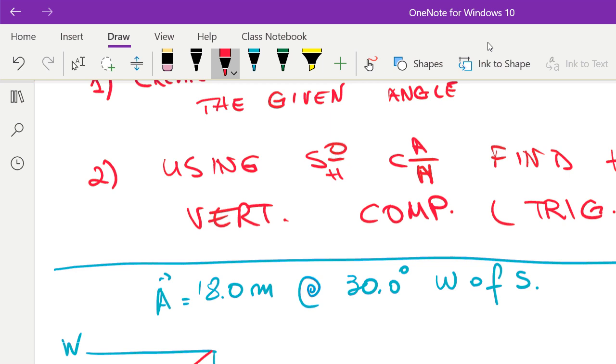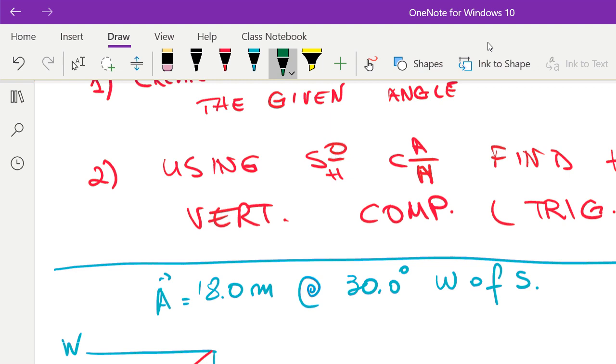Okay, now I said here, create the right angle triangle that includes the given angle. The given angle is 30 degrees. From the tip of the vector, you have two options. You have the option to create a right angle triangle that is along the west axis, or a right angle triangle that is along the south axis.